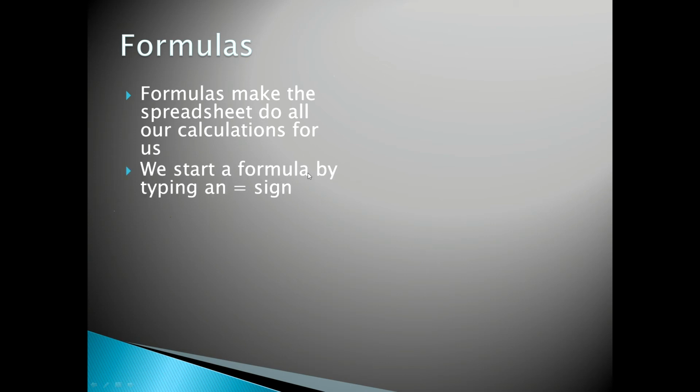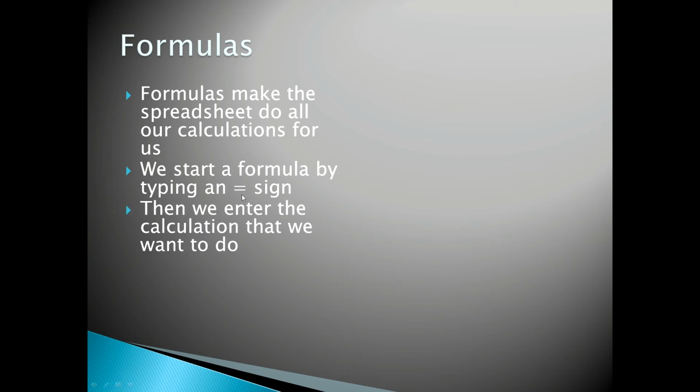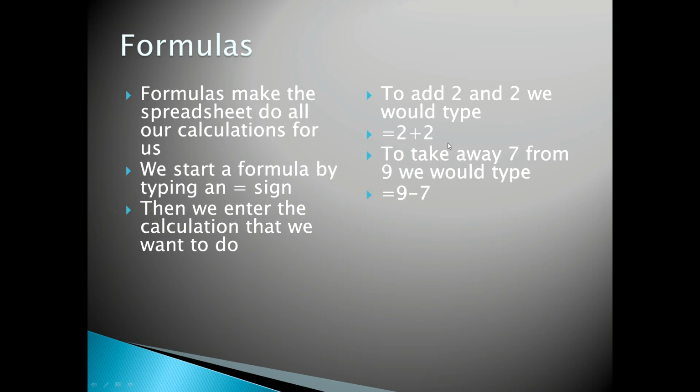Every formula we do always starts with an equal sign. Always start a formula with an equal sign, and then we enter the calculation for what we want to do. We can start out really easy. To add 2 and 2 we type equals 2 plus 2. To take 7 away from 9, we type 9 minus 7.